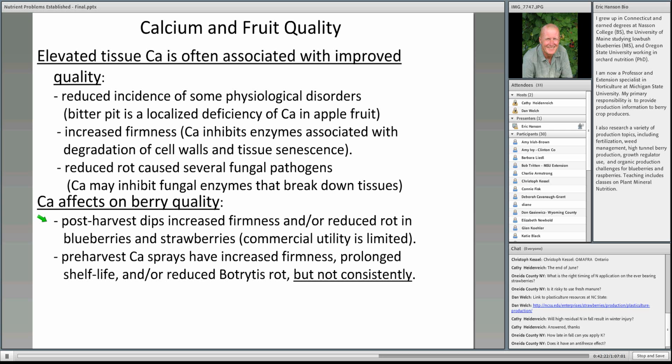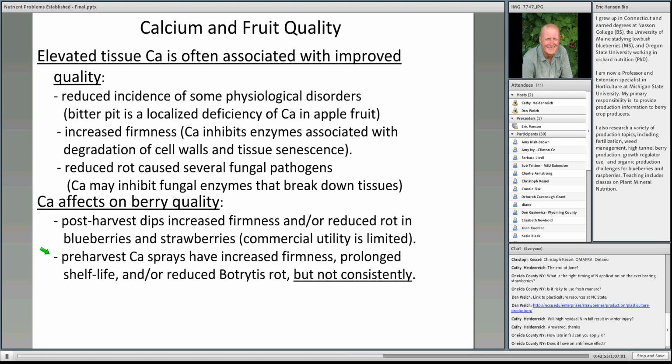Of course, dipping these berries in solutions doesn't have much commercial utility because it has quality issues in itself. But it does illustrate that if you had ways of increasing calcium concentrations in the berries, you'd probably see some benefit from it. So the most likely approach to increasing calcium levels in the berries is to spray the plants with calcium sprays prior to harvest.